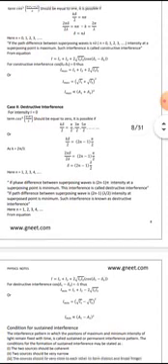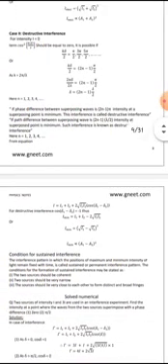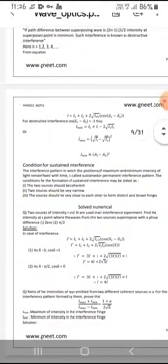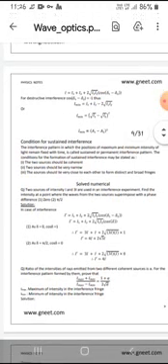Therefore path difference is equal to (2n minus 1) lambda by 2. And again I min is directly proportional to (A1 minus A2) whole squared.